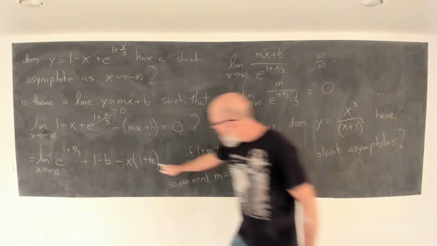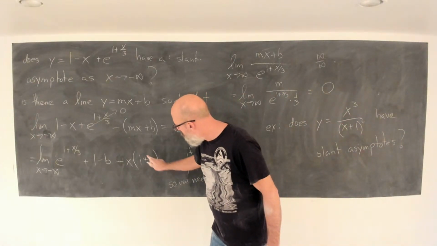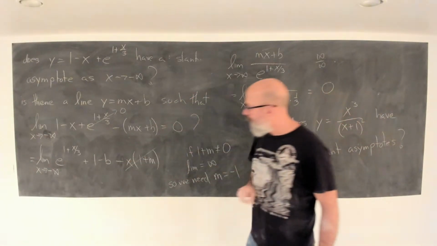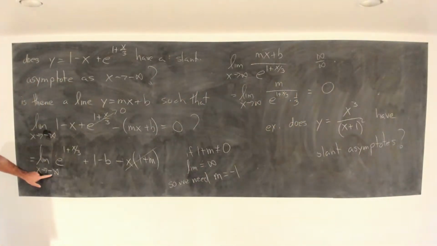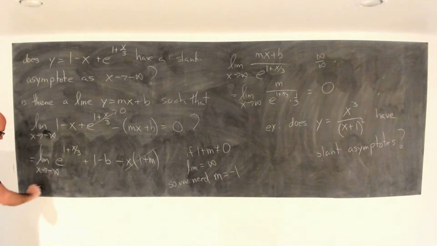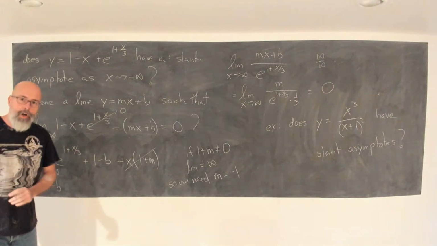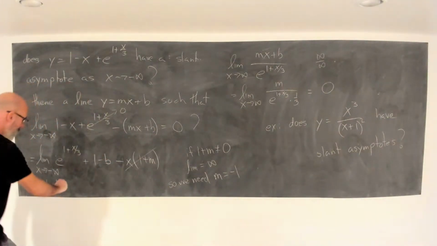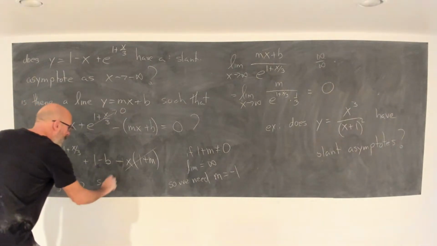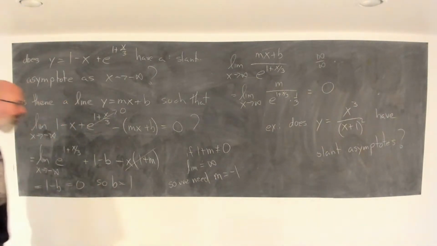And if m is negative 1, this is 0, so this whole thing is gone. And if x goes to negative infinity, this goes to 0. So we're left with a limit of 1 minus b, just this constant. But you want the limit to be 0. So b has to be 1.